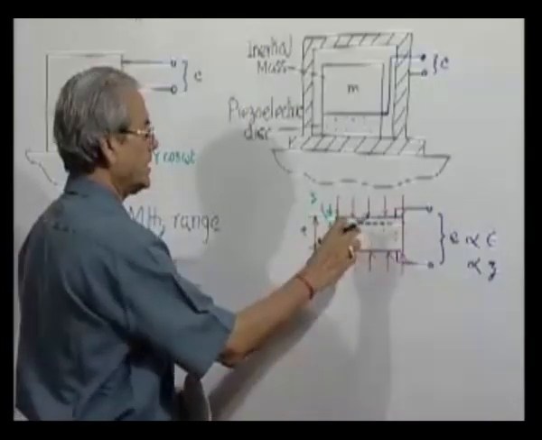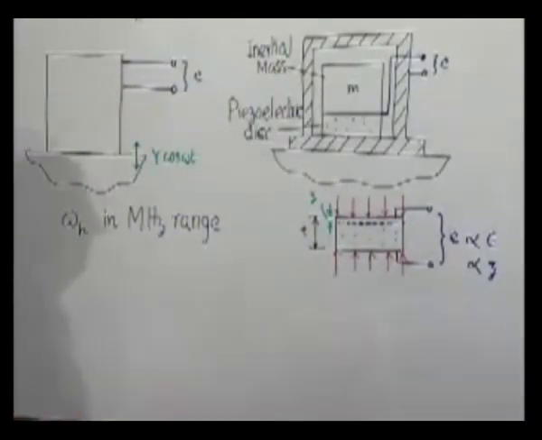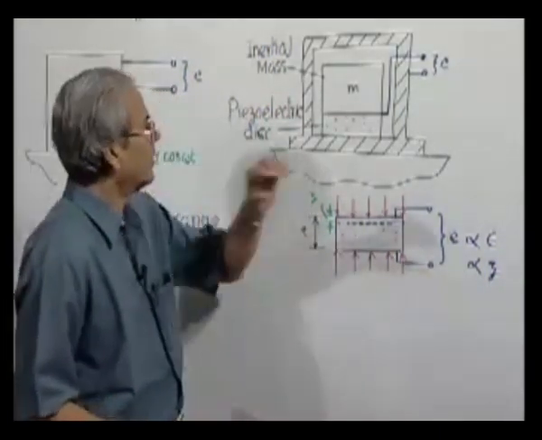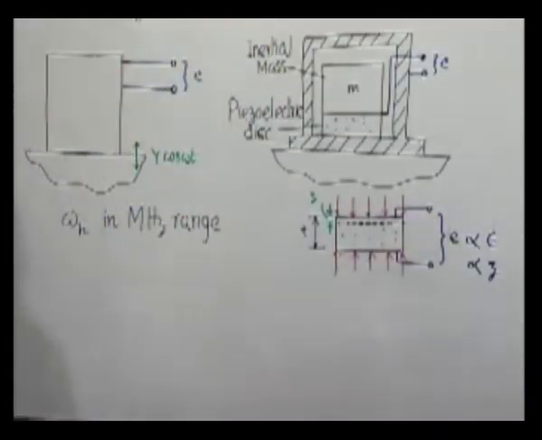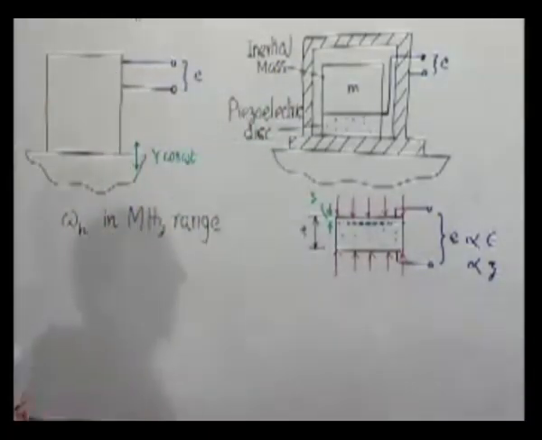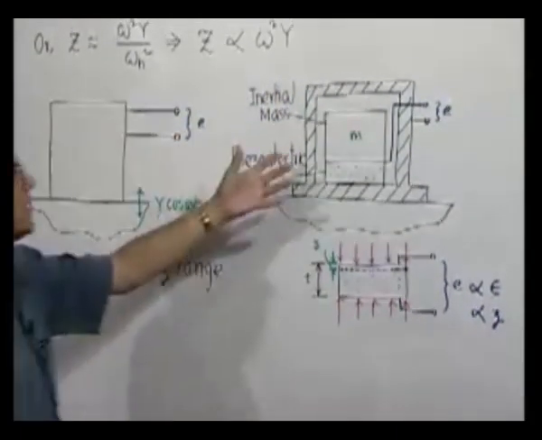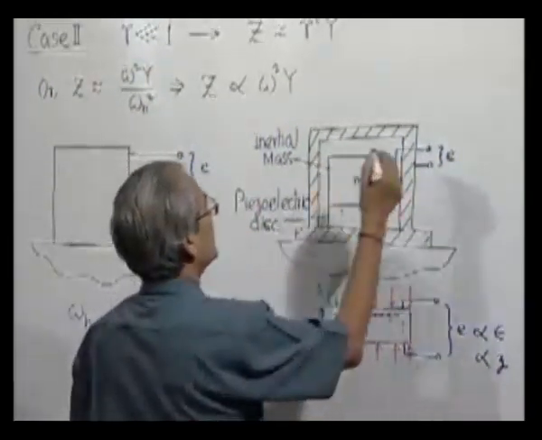Strain is nothing but the deformation divided by the original thickness T. Since T is constant, it will be proportional to z, or the displacement. So, the voltage will be proportional to acceleration. This type of pickup, where the output voltage of the transducer is proportional to the acceleration of the object, is called an accelerometer.